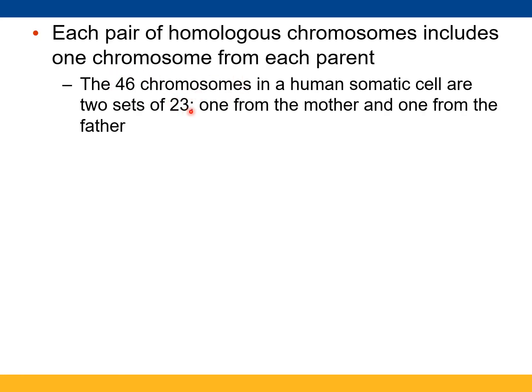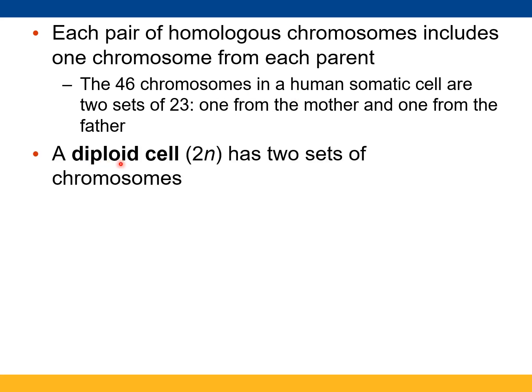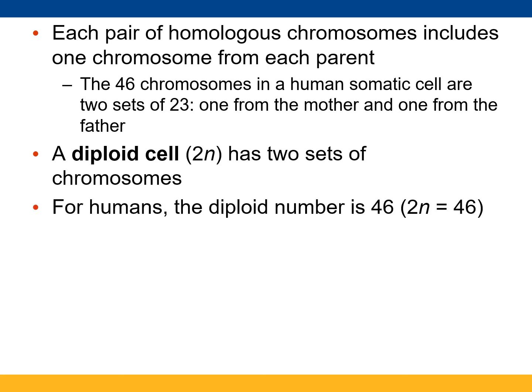We inherit 23 from the mother and 23 from the father, and our cells are what we call diploid. That is to say, the N here stands for the number of different chromosomes that we inherit from each parent. So when you inherit 23 from the mother and 23 from the father, we have 2 times 23, 46. Other animals have a different N number.